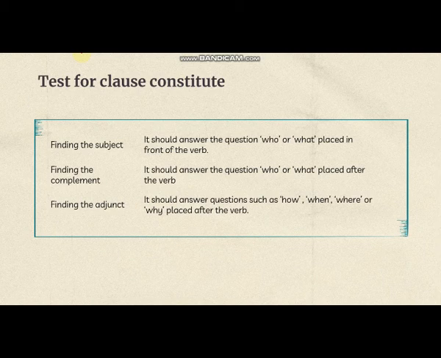It should answer the question who or what placed in front of the verb. Finding the complement, it should answer the question who or what placed after the verb. And the adjunct should answer questions such as how, when, where, or why placed after the verb.